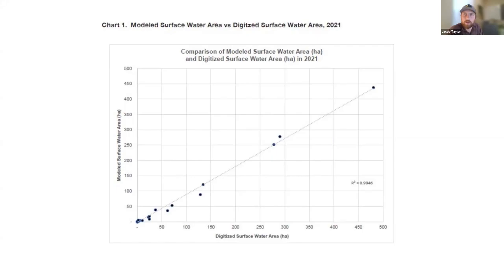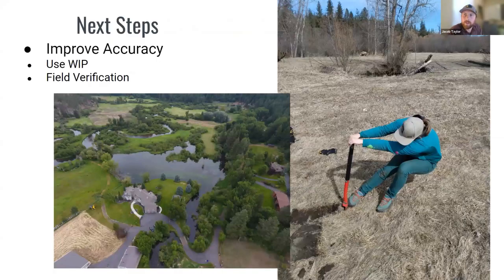If you want to go to the next slide, we do have some ideas for improving the accuracy further, and we kind of alluded to this earlier, and I know Meghan talked about it too, but we do have plans to develop the WIP tool for Spokane County. Hopefully this January. We're waiting for a new LiDAR data set that is supposed to come out this winter, and will give us full countywide coverage of high resolution, 1.5 foot resolution LiDAR data for the county.